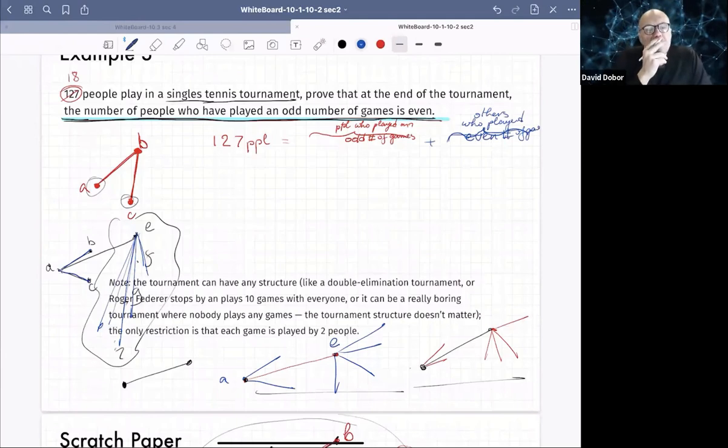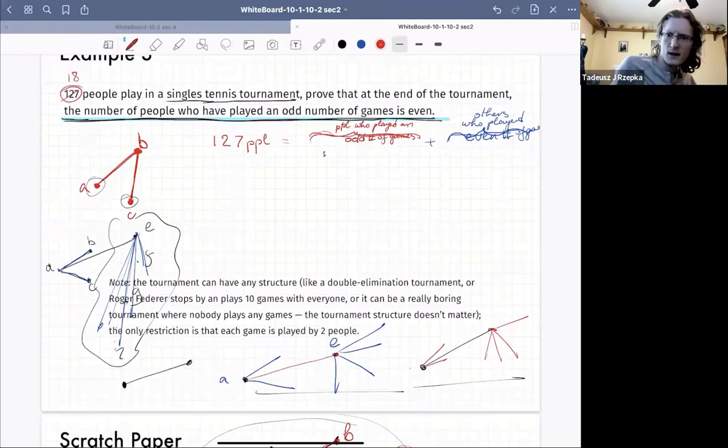Now, suppose by way of contradiction, as you've just suggested, that the red people, let's call them reds and blues, the red people are the ones who played an odd number of games, and the blue ones are the ones who played an even number of games. Suppose those people who played an odd number of games, that number itself is odd.